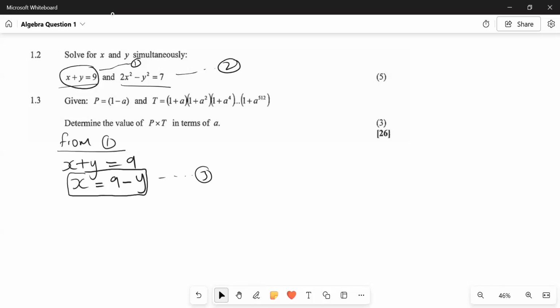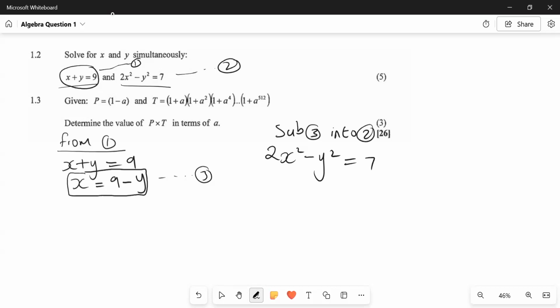Perfect. Now let's go back to equation number 2, which is 2x squared minus y squared equals 7. Now we are saying substitute equation 3 into equation 2, right?